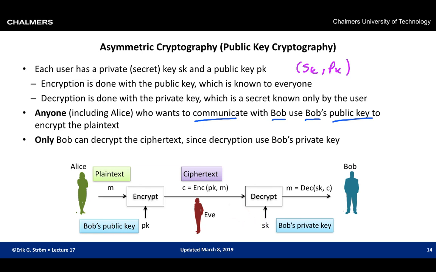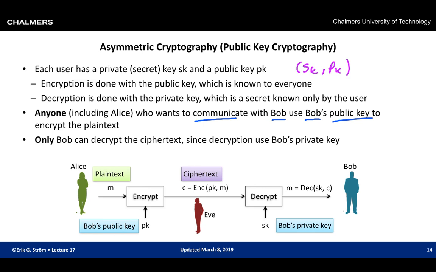The thing is that even though Alice knows how to encrypt, she doesn't know how to decrypt. Alice knows M, so that's maybe a contrived example, but just to make a point here, anybody who sees C cannot figure out M, the plaintext, without knowing the secret key of Bob. So this is quite useful.